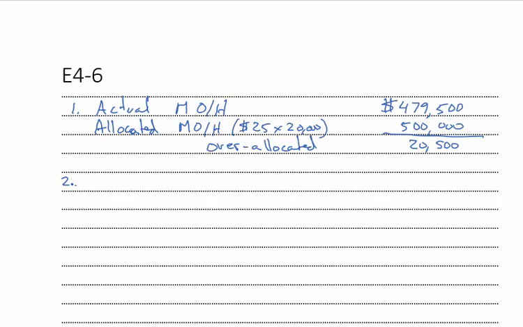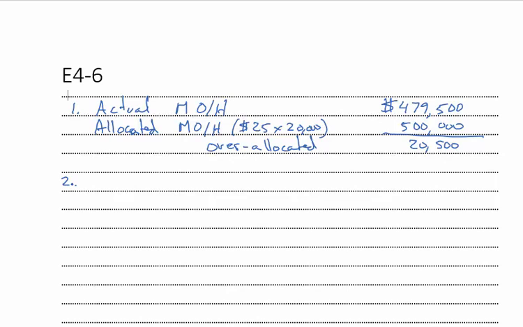Okay, number 2. Prepare a schedule of cost of goods manufactured for the year. Okay, so here we have to bear in mind a couple of things, right? When we first introduced the schedule of cost of goods manufactured in the previous lecture, or actually going back to the first chapter, we were using actual costing.